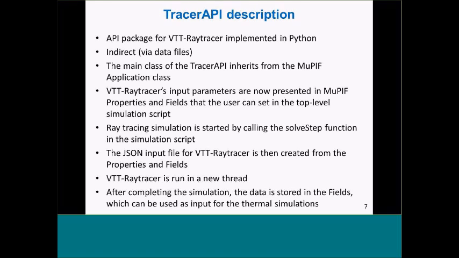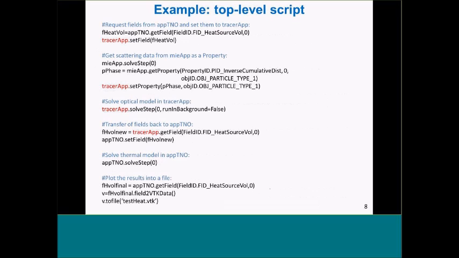This is a kind of summary of the API, what is done, but I can maybe explain it better with this code example here. So first, this is the top level script. We follow the graph, what was before, the block graph.